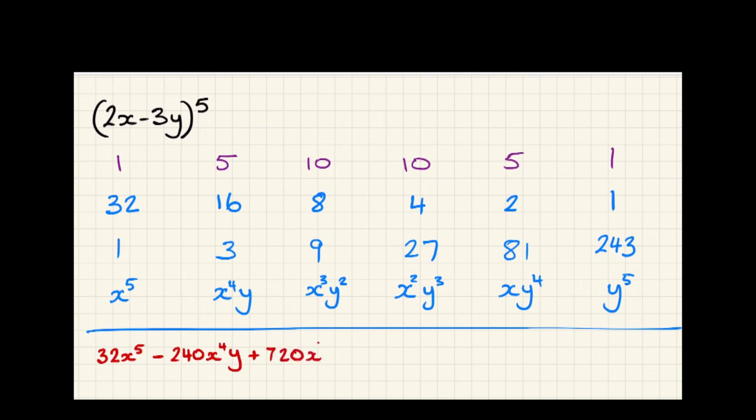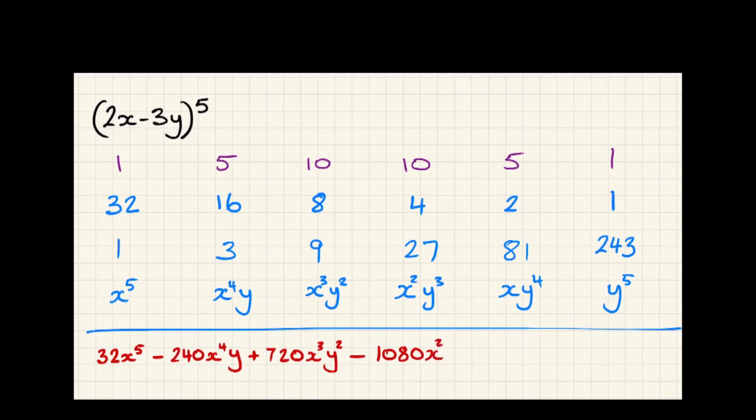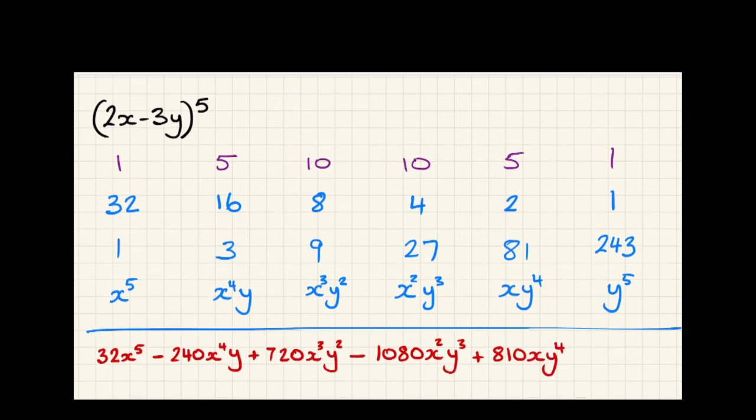So I've got 720 x cubed y squared, and as you can see, the positive and negative signs alternate now in this expansion. Doing the maths in your head, 5 times 2 is 10, 10 times 81 is 810, x y to the 4th, and then finally minus 243 y to the power 5.